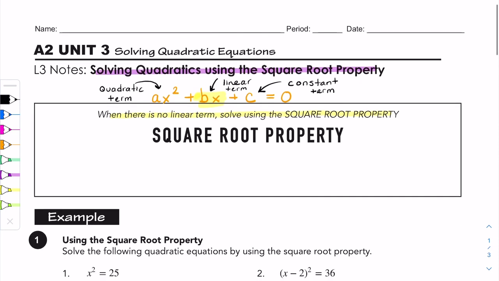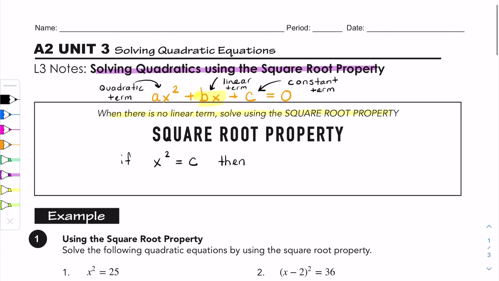The notation for the square root property says that if x squared is equal to c, then you can take the square root of both sides like so, and you're left with the answer x is equal to positive or negative square root of c. Solving this using the square root property will always yield two solutions.